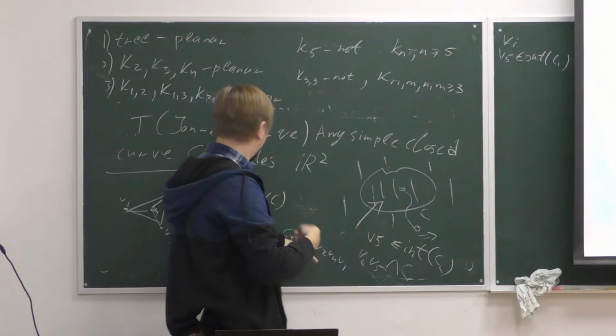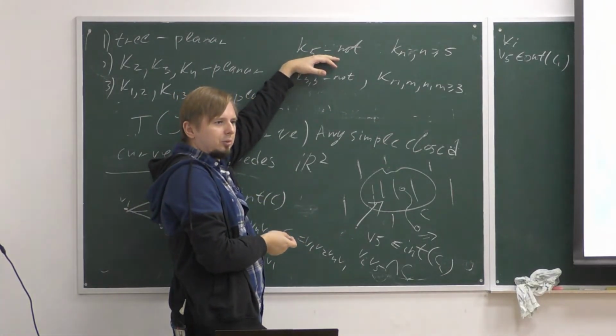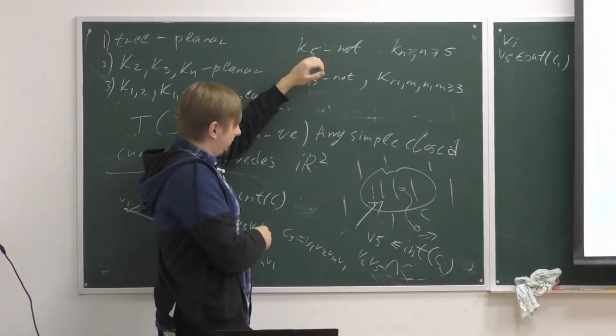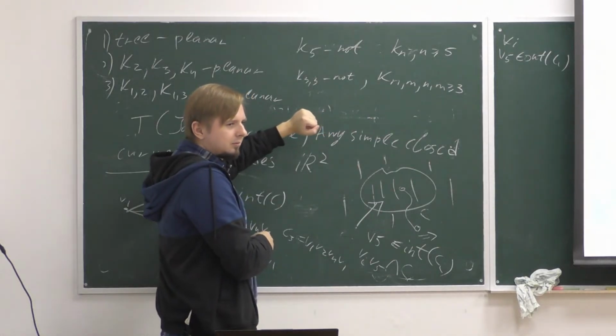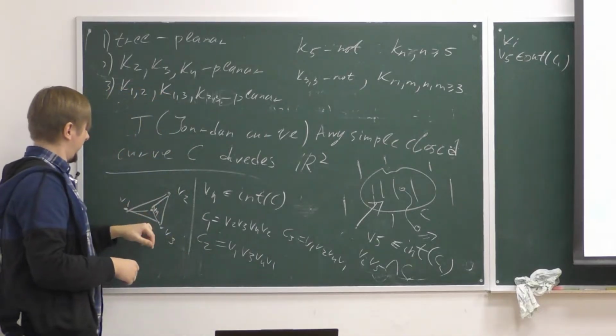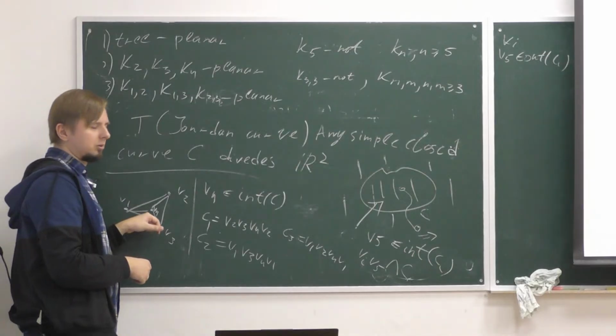First we suppose that K4 is planar, so we can draw it in the plane without intersection.